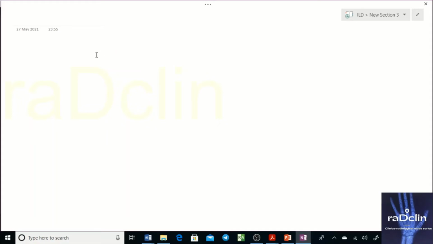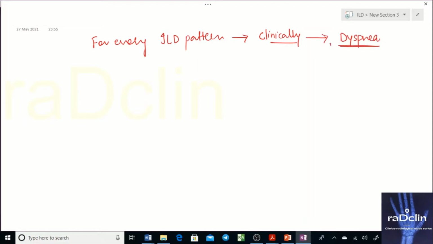So for every ILD pattern, if you go by clinical aspect, patient typically, in every ILD, will have dyspnea. It could be long-standing dyspnea. It could be acute, typically in your acute interstitial pneumonia, we'll discuss that. But commonly it's a long-standing dyspnea.